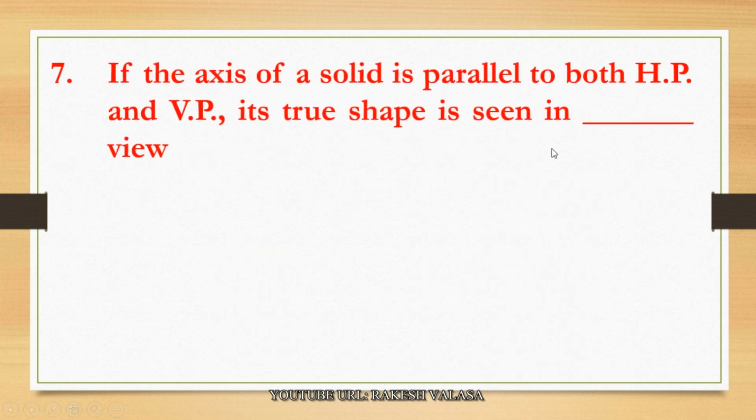Question number 7. If the axis of a solid is parallel to both HP and VP, its true shape is seen in dash view. The answer is side view. If you take any solid whose axis is parallel to both HP and VP, we can see the true shape only in the side view.